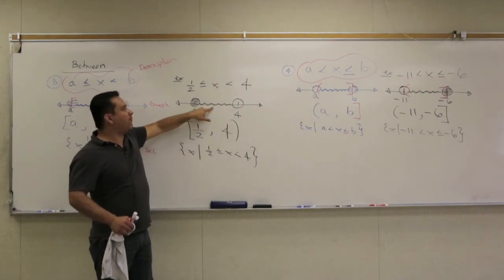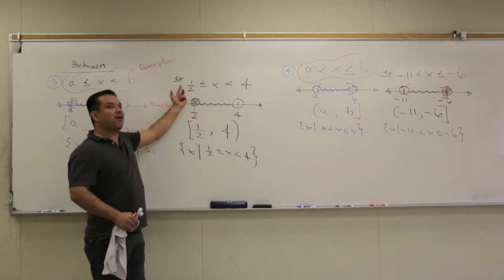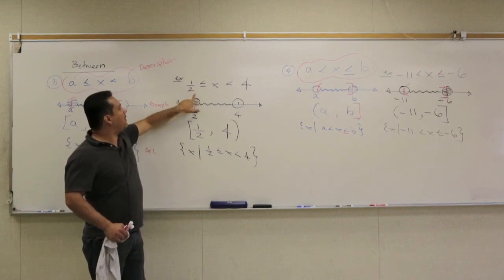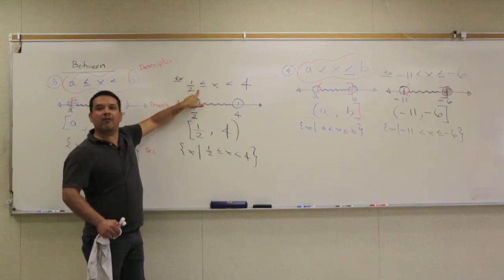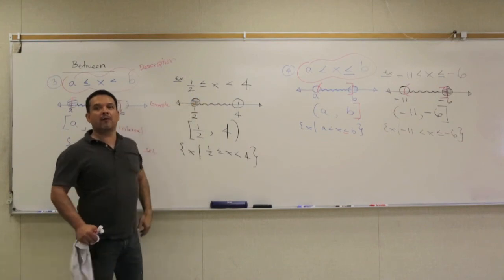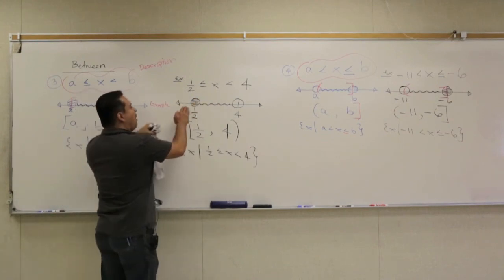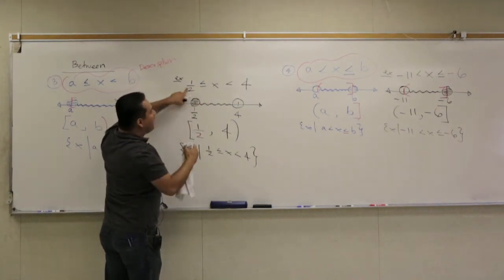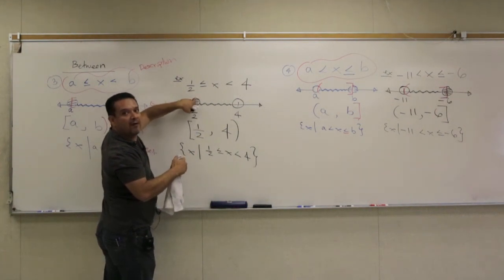But how far to the left do we go? That's where the other number comes in. 1/2 has to be smaller or equal to those numbers. 1/2 has to be smaller than the numbers we're describing. So if 1/2 is less than, that means 1/2 has to be furthest to the left.